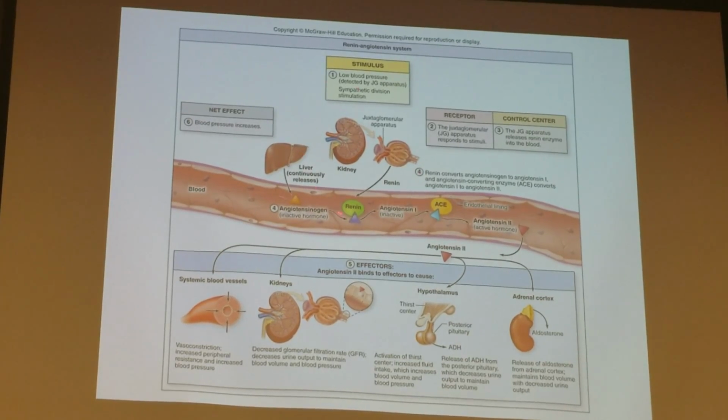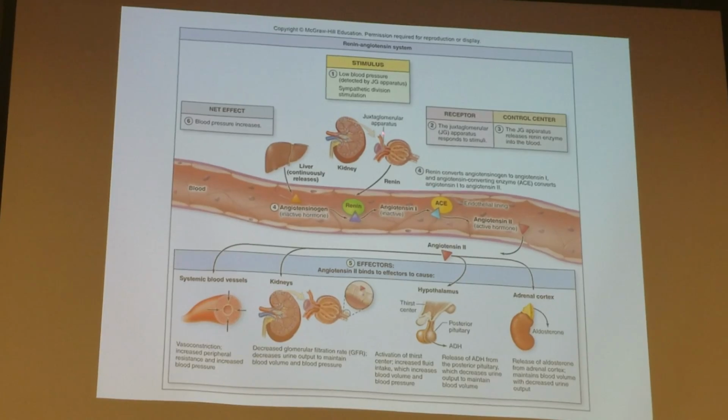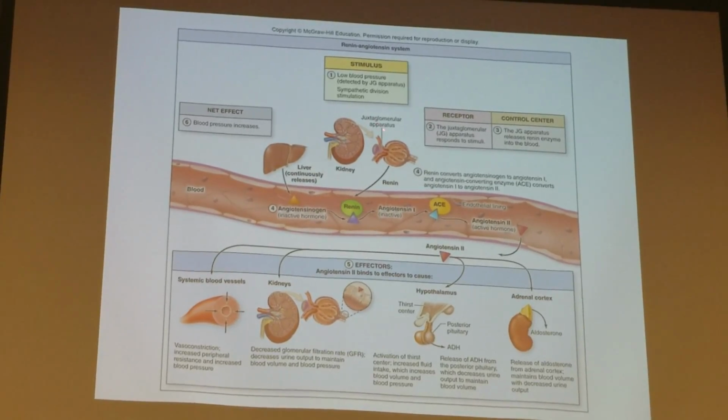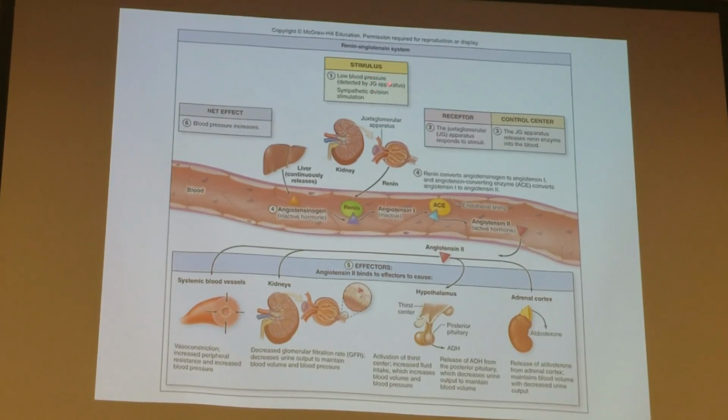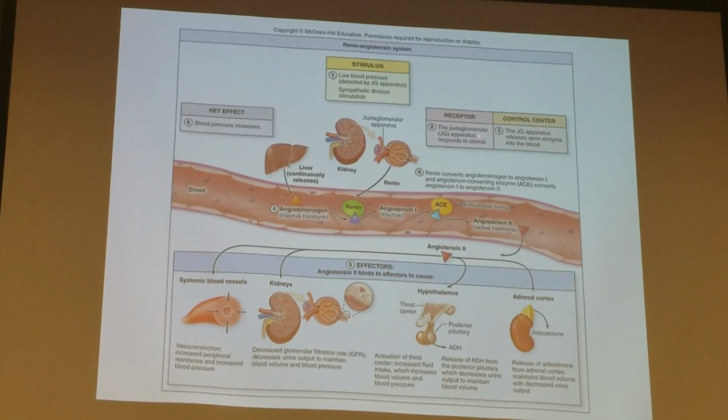Now here's the kidney, and there's your juxtaglomerular apparatus. That's your JGA that we mentioned in the lab on Monday night. It's right there. It senses the drop in blood pressure. And in response to the drop in blood pressure, the JGA releases a chemical signal called renin.